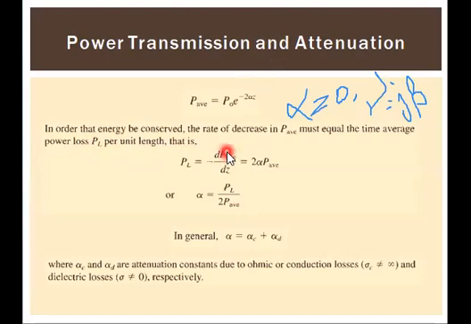Now, according to this, we can write that the power flow in the guide is in the form of P average equal to P0 e to the power minus 2 alpha z.